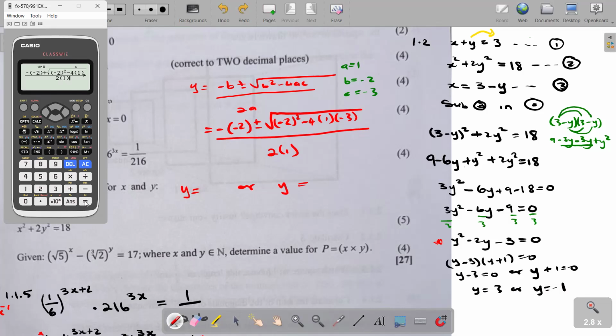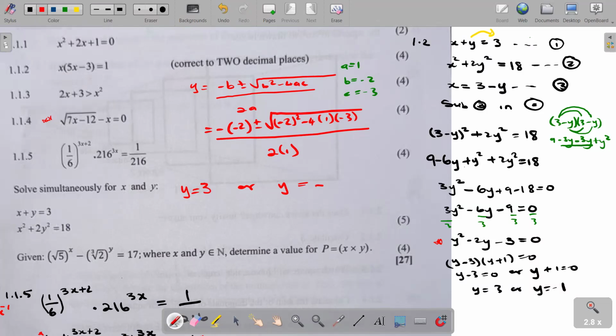We are getting a positive 3, or we are going to put a negative there. We are getting a negative 1. So we are getting a positive 3 or a negative 1.